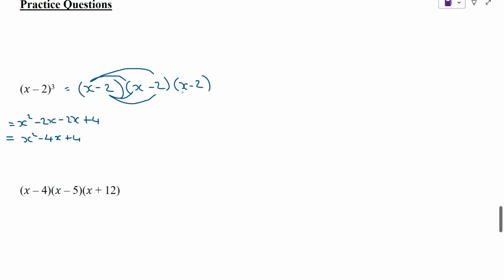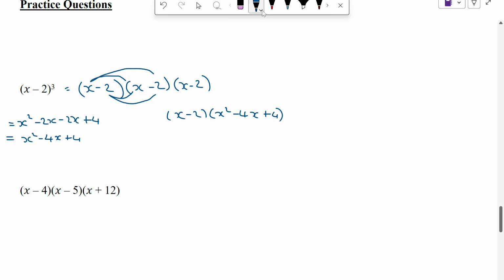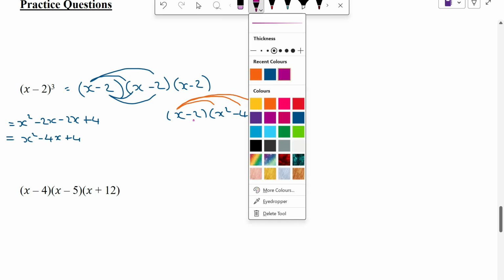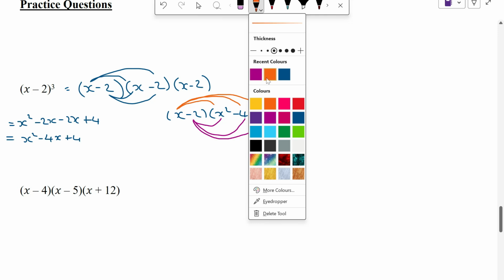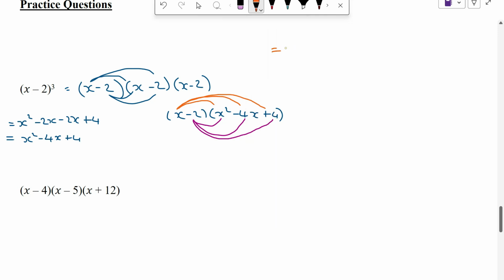Now we're going to multiply this with the remaining bracket, and we're going to write that first as we did before. Now just to multiply these out.